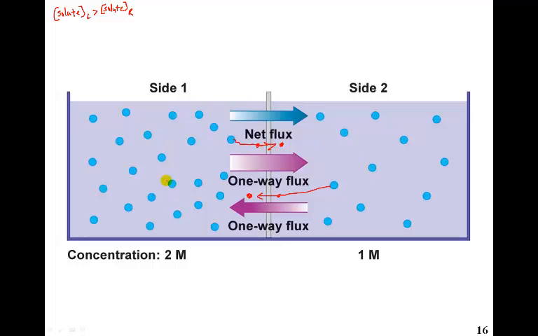But because we have many more molecules on the left than on the right, in any little time window there's going to be more chance of molecules moving from left over to right. There are just more of them here than there is the chance of moving from right to left. So there's going to be a big flux left to right, a smaller flux right to left.